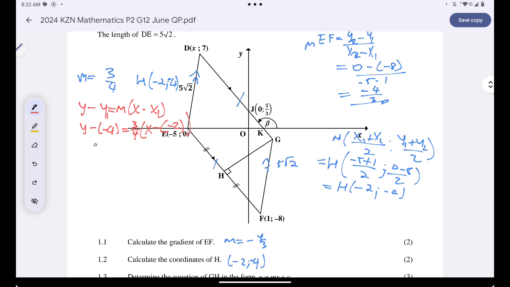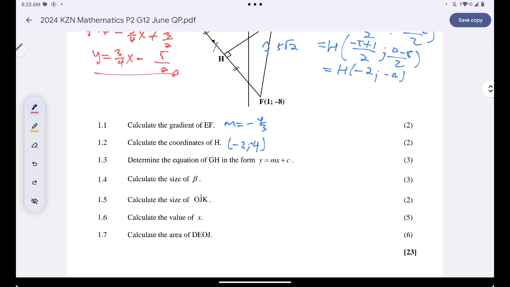So here I'll have y plus 4 is equal to 3 over 4 x plus 3 over 2. Whenever I take the 4 to the other side, I'll have 3 over 4 x, and 3 over 2 minus 4 gives negative 5 over 2. This will be my equation: y equals 3 over 4 x minus 5 over 2.